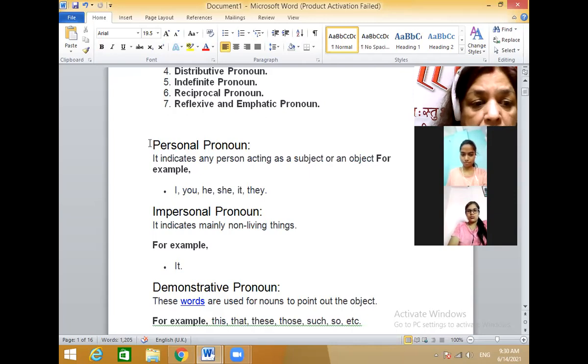You already know how you can use these. I, you, he, she, it, they as a subject. Use it as a subject.